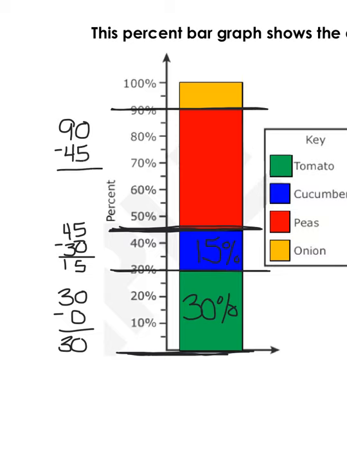And 90 minus 45, let's see, I'm going to regroup. Oops, sorry, that should be a 9. Oops, sorry, that should have been a 10, which is going to also be 45. So that would be 45%.